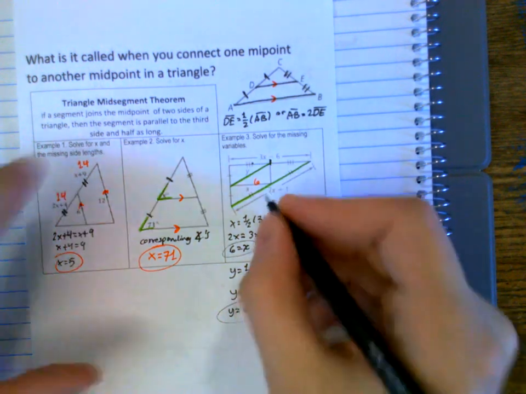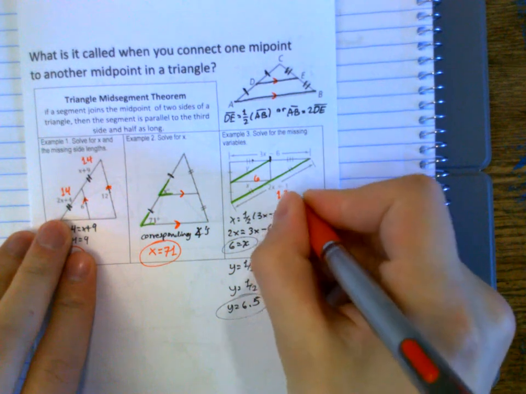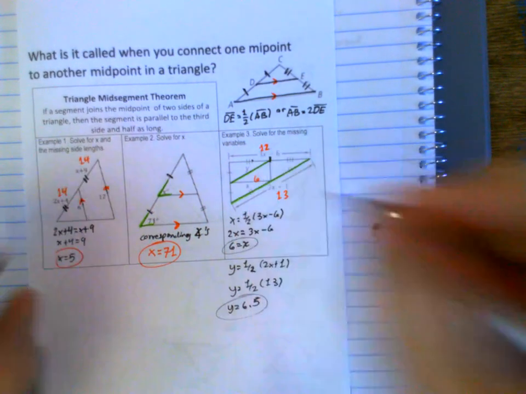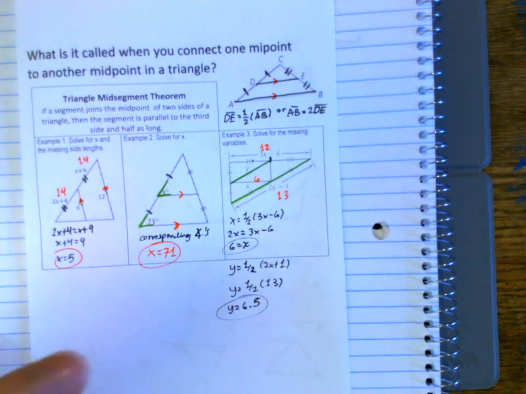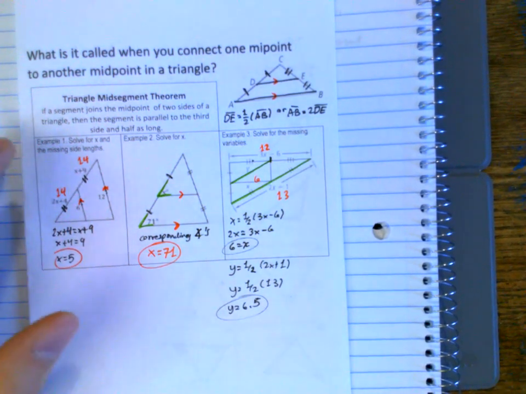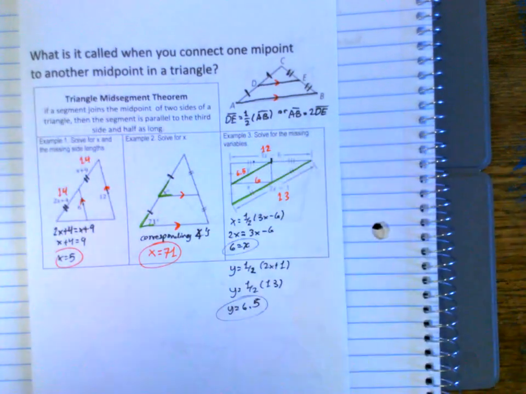So if we plug things in, we know this is 13. We know this is 12, because 3 times 6 is what? 18. Minus 6 is 12. Okay? I think everything's labeled, and we know that this is 6.5, and we're done.